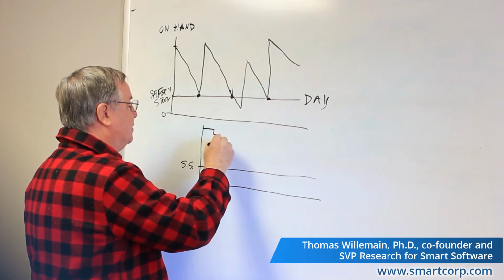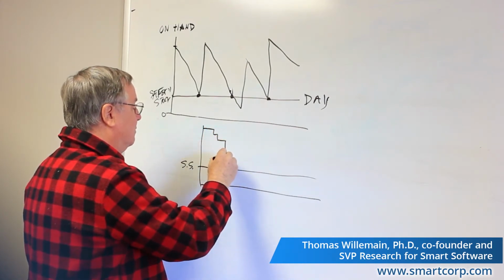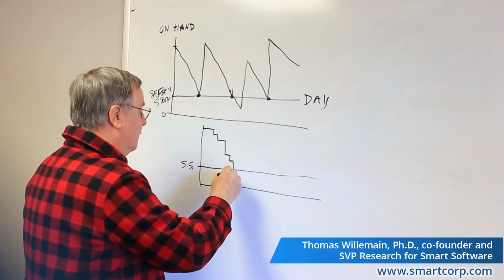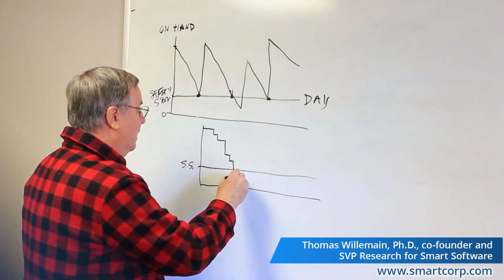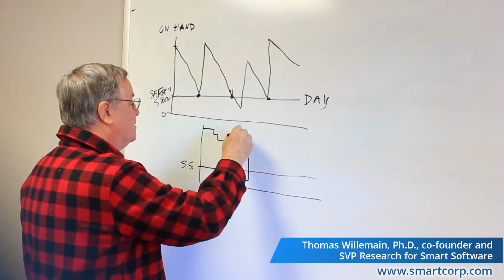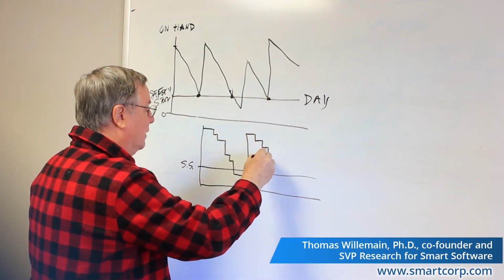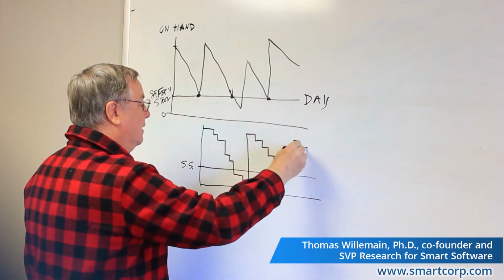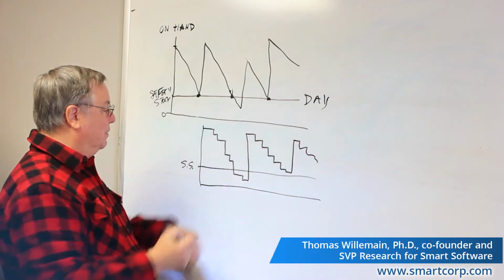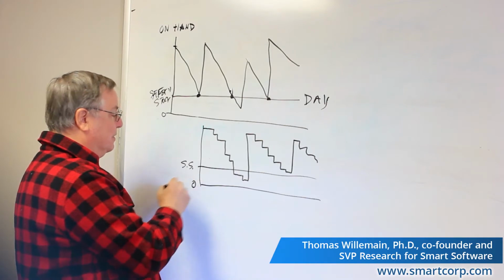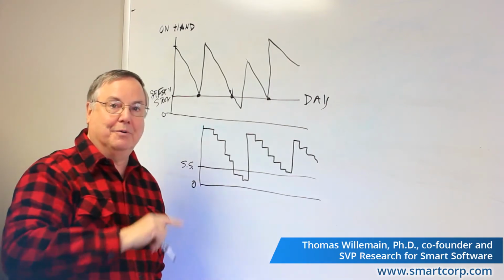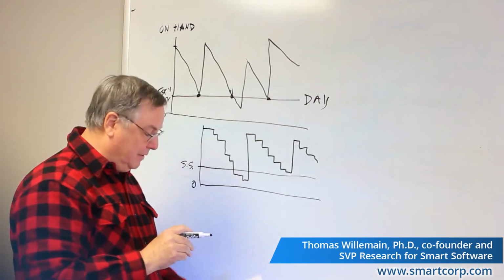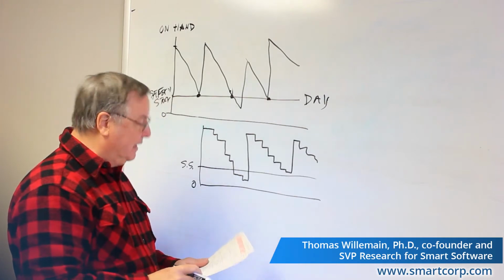There'll be periods between demands, and then there'll be demands coming in, and we may go negative, and then we get replenishments, and we have something more like a series of staircases rather than sawtooths. But the point is that zero is here, and we're trying to not go negative. So those are simple models of the dynamics.